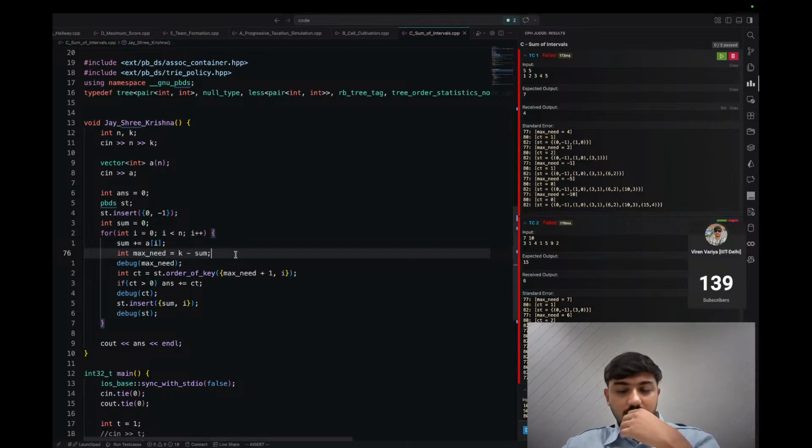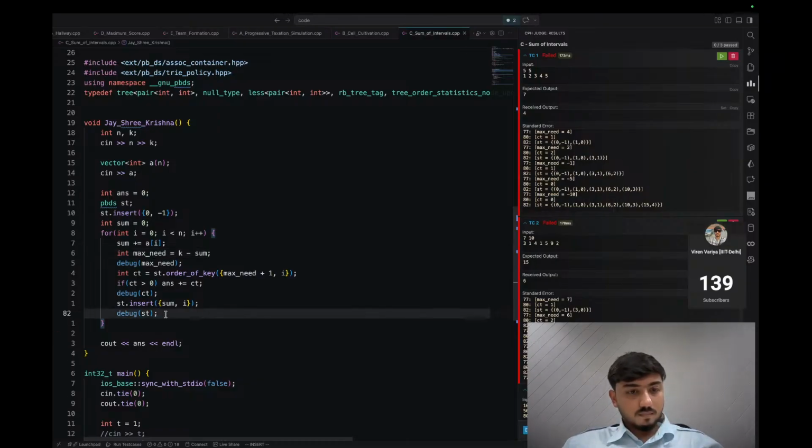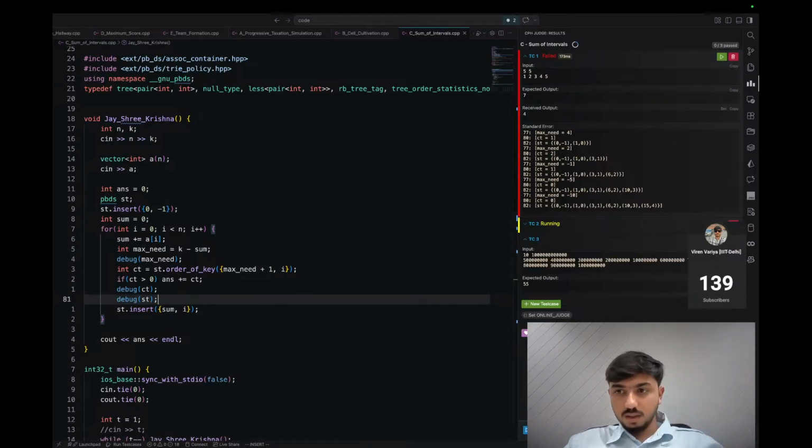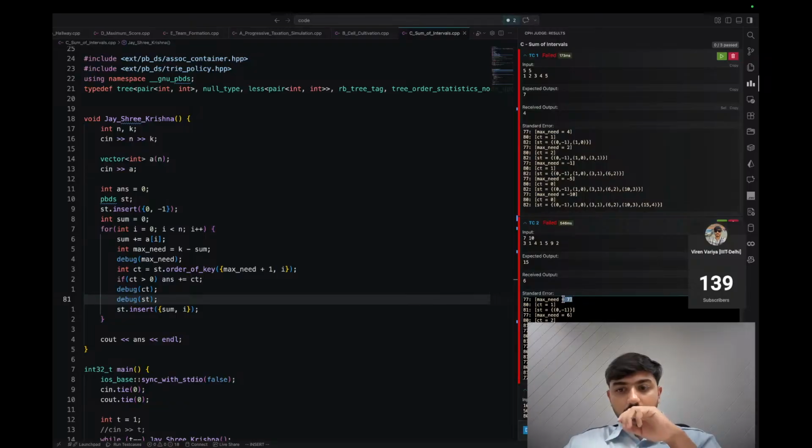Max need is 7. I think I'm doing something too crazy. Max need is 7, count is 1. That's good. Max need is 6, count is 2. This is also fine.